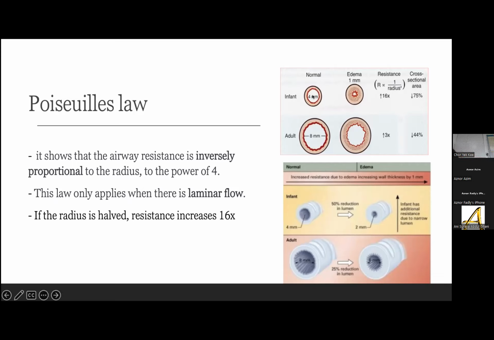When you have an infant with a normal tracheal diameter of 4 mm, and they are having edema, let's say the edema goes up to only a pinhole kind of trachea, then in the cross-sectional view, it's a significant reduction of almost 70% of our airway. Whereas in adults, although they can also have edema, because their cross-sectional radius is higher than children, the reduction of cross-sectional area in their trachea is much lower.